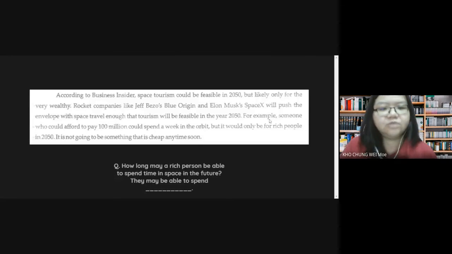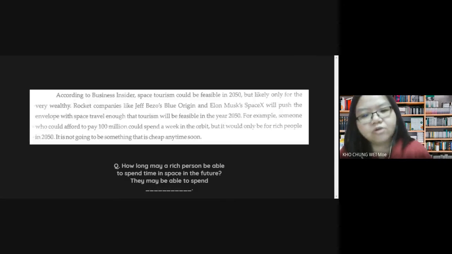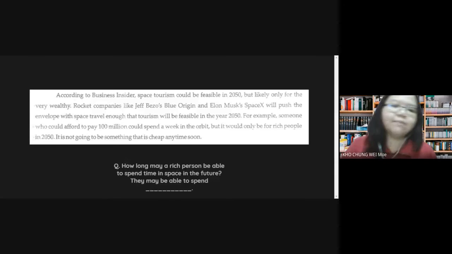According to Business Insider, space tourism could be feasible in 2050, but likely only for the very wealthy. Rocket companies like Jeff Bezos's Blue Origin and Elon Musk's SpaceX will push the envelope with space travel enough that tourism will be feasible in the year 2050. For example, someone who could afford to pay 100 million could spend a week in orbit, but it would only be for rich people in 2050. It is not going to be something that is cheap anytime soon.